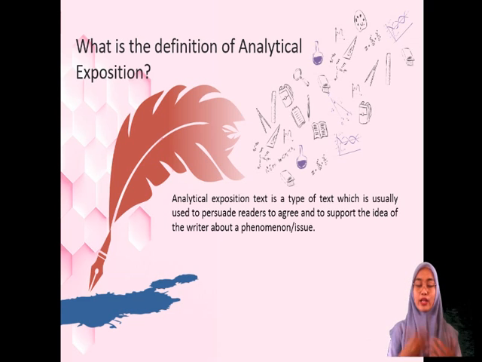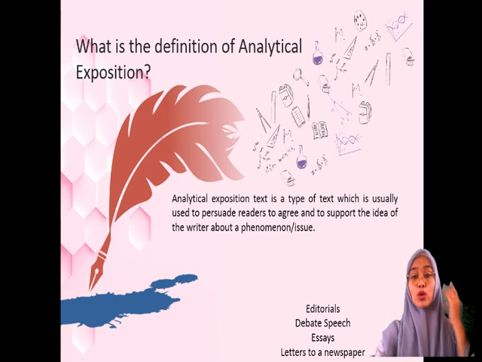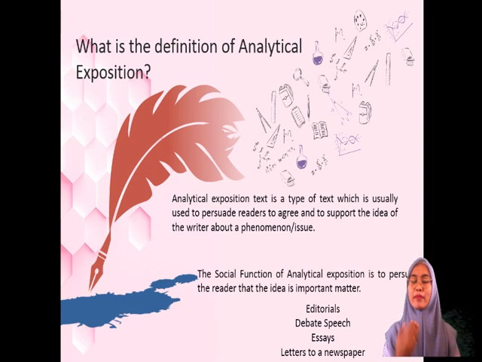It is usually in debate speech, essay, editorials, and letters to a newspaper. And what is the social function of analytical exposition text? To persuade the readers that the idea is an important matter.